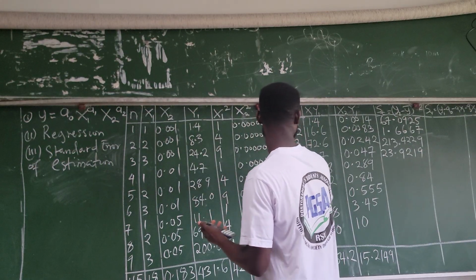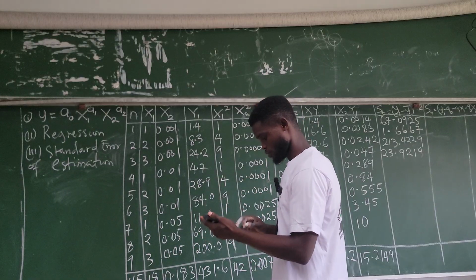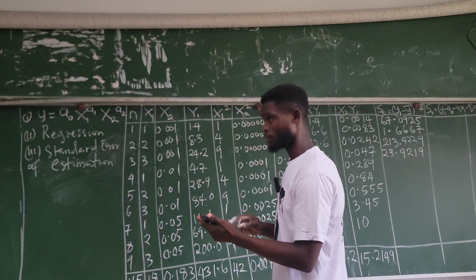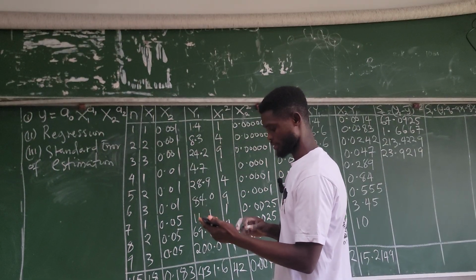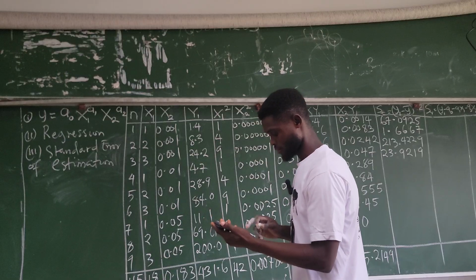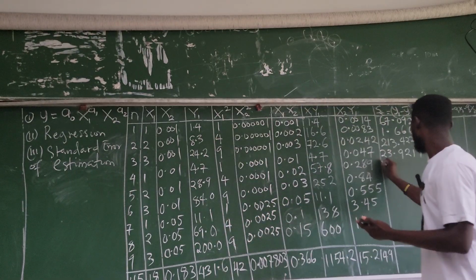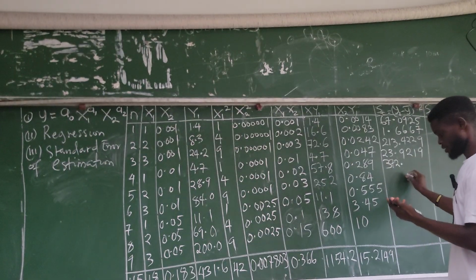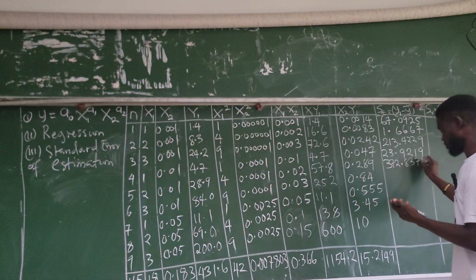We have 28.9 minus 9.591 in square, we have 372.8375.